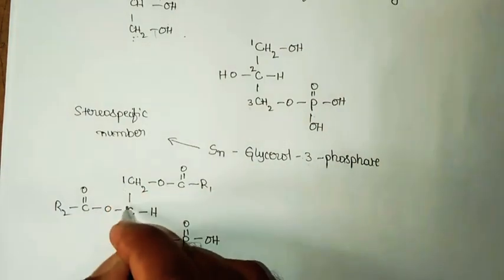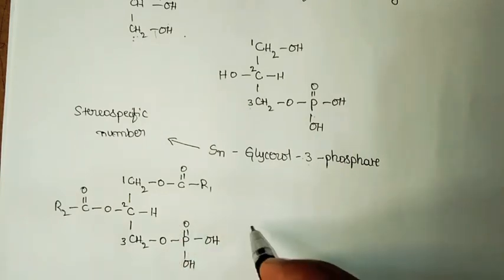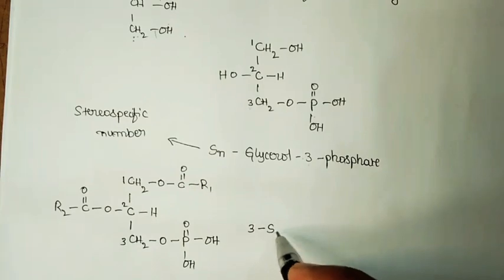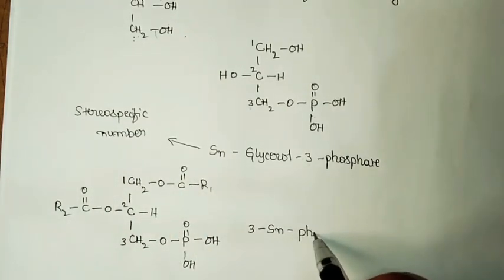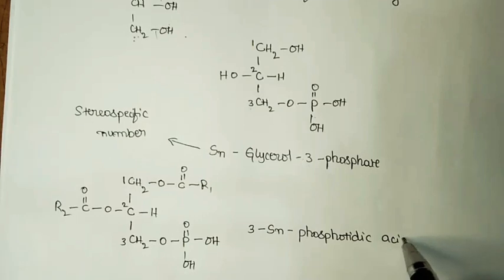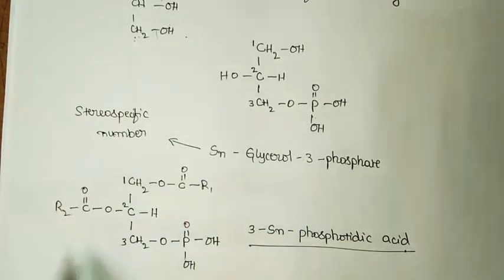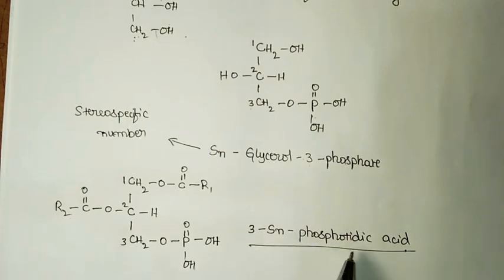So 1, 2, 3. The third position is stereospecific for the phosphate group, and this whole material is simply called phosphatidic acid. This is the complete molecular structure of 3-SN phosphatidic acid.